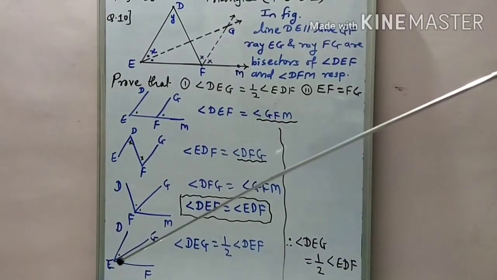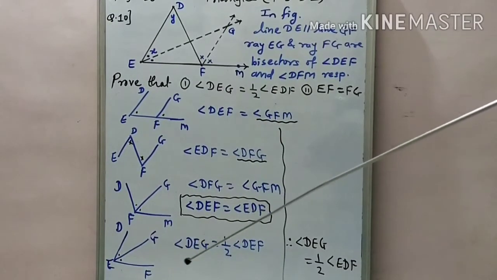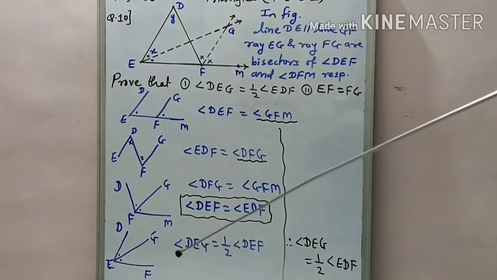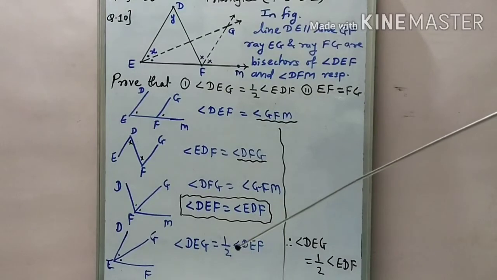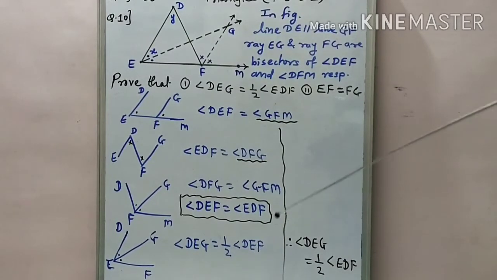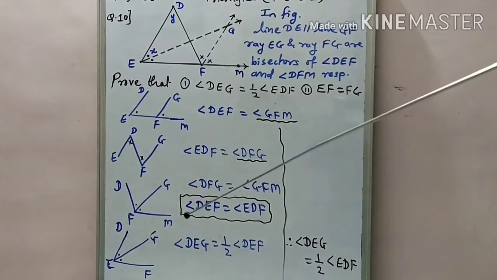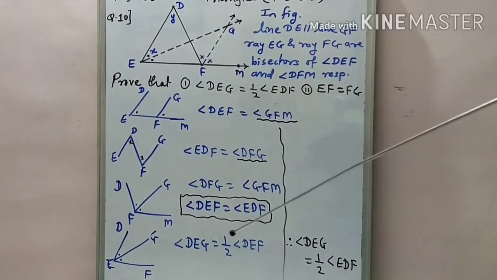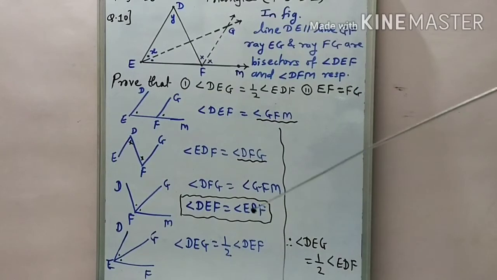GEF, and each part is half of angle DEF. So we say angle DEG is equal to half of angle DEF, but above we proved that angle DEF is equal to angle EDF. So we replace this angle DEF with angle EDF, and that is what we have to prove.